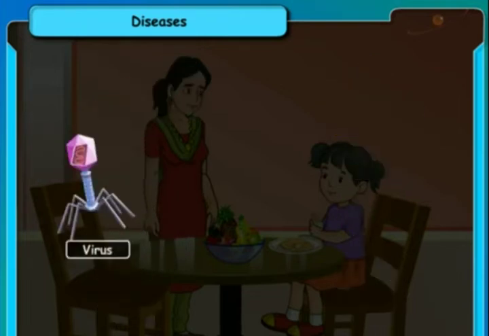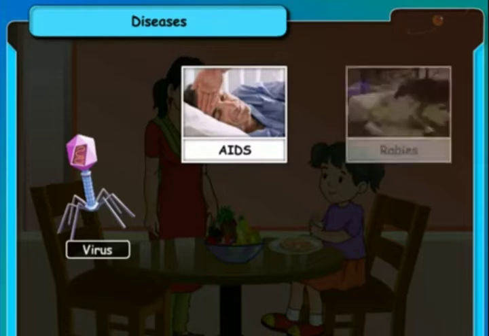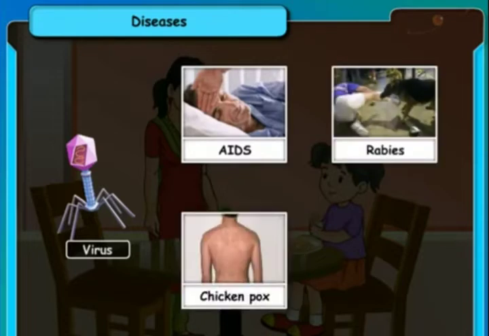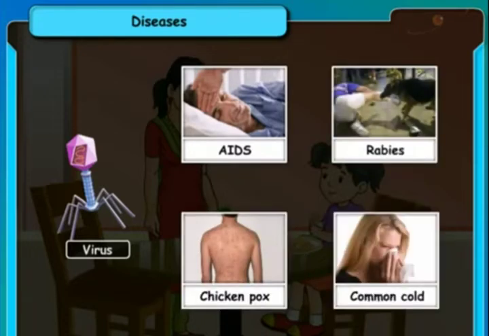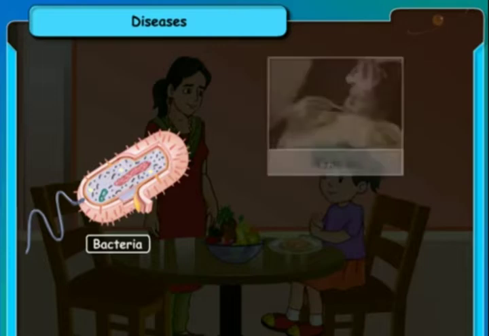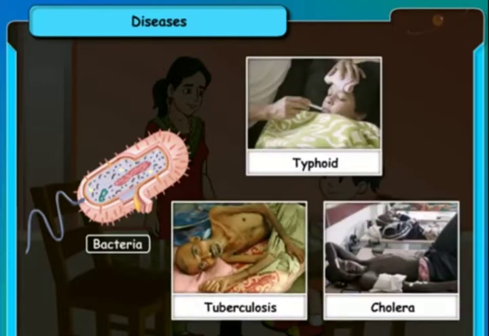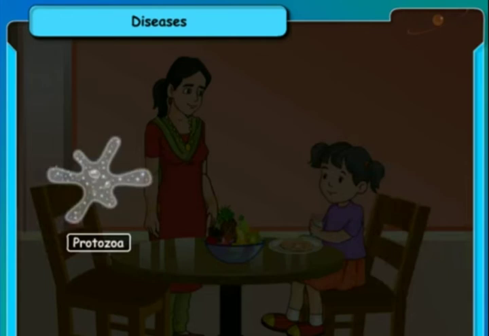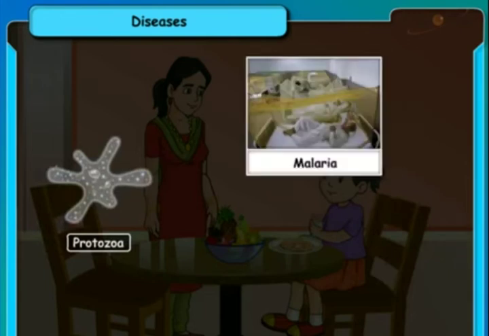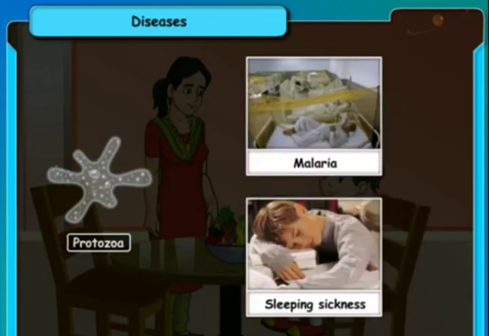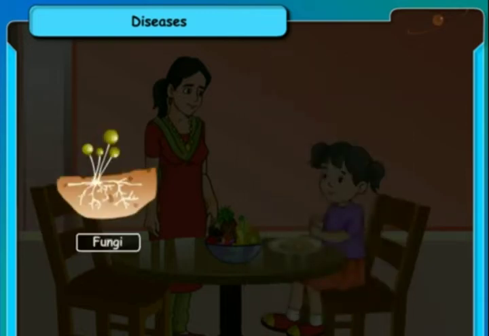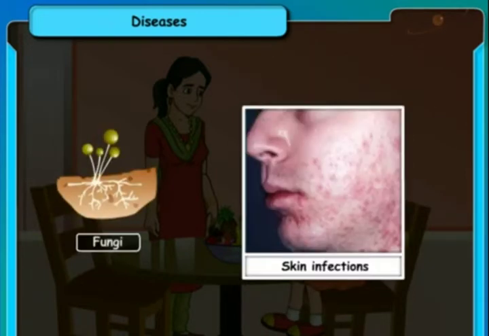Viruses cause diseases like AIDS, rabies, chickenpox, and common cold. Bacteria cause typhoid, tuberculosis, and cholera. Protozoa cause diseases like malaria and sleeping sickness, and fungi cause skin infections.